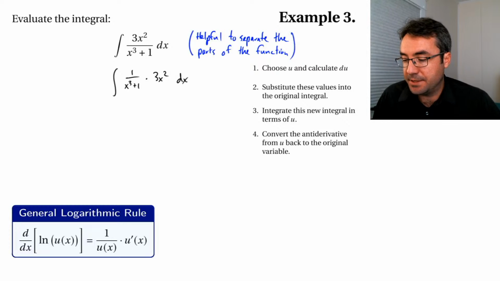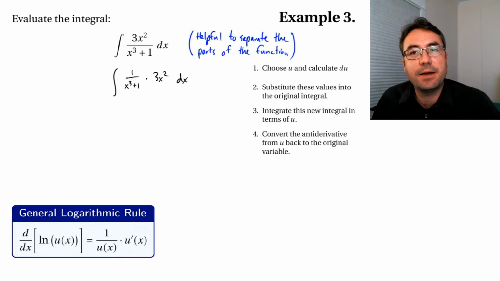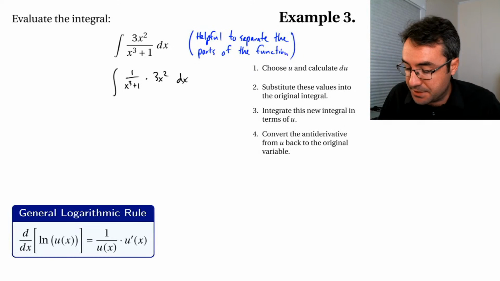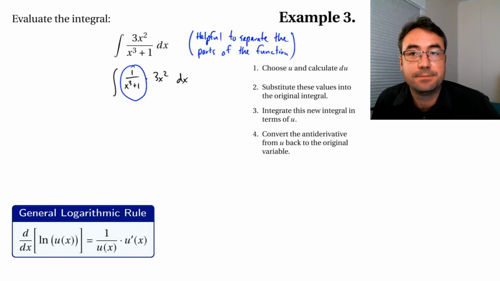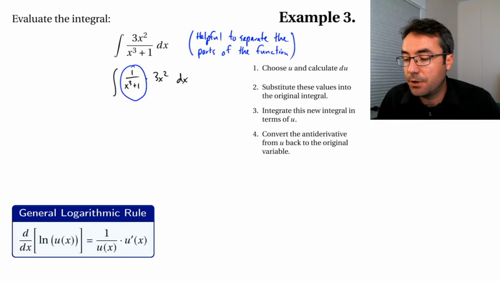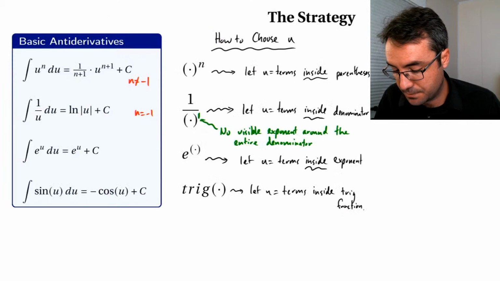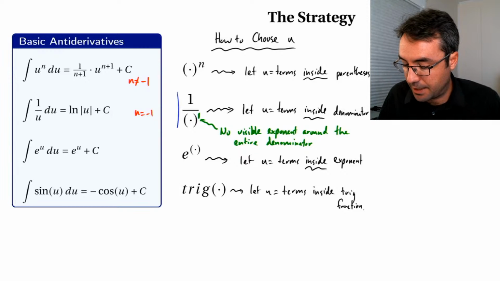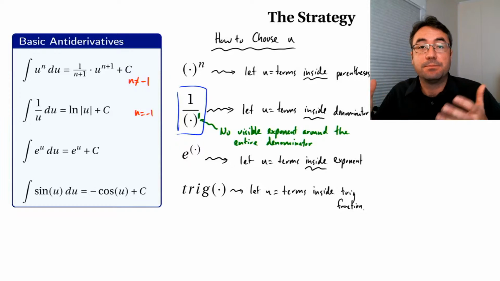And so when I look at this, I go to the more complicated piece. I have a couple different pieces to work with here, and I focus in on the more complicated piece, which I would say is the fraction. If we go back to our list of basic forms, we're seeing something like 1 over some terms.